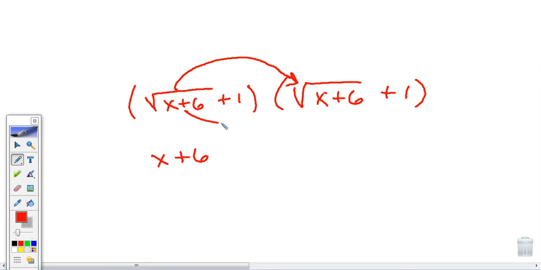Here's my outside. What's 1 times root x plus 6? And what's in the inside? 1 times root x plus 6. So how many 1 root x plus 6's do you have? So this is going to become plus what then from this?